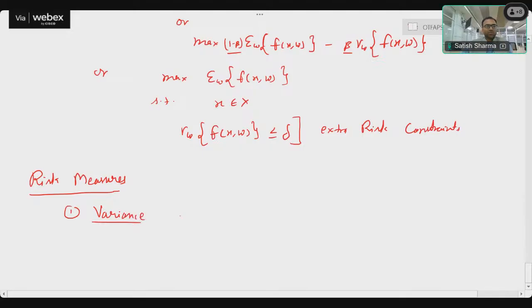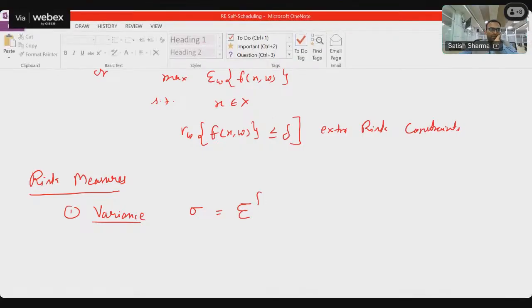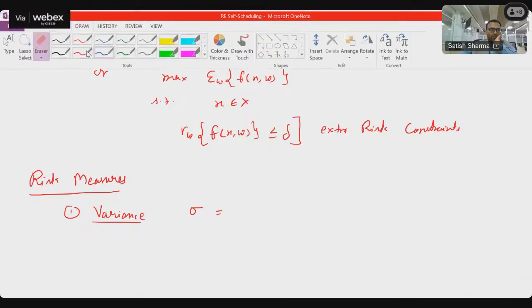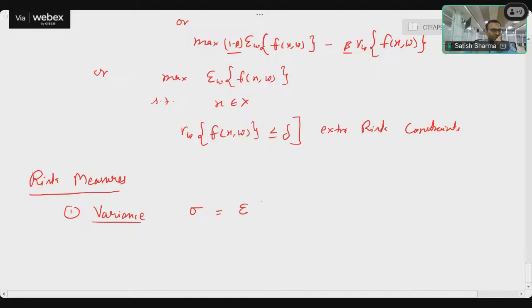The very first measure is variance, and sigma squared is basically the expectation of the mean value minus the summation of xi divided by n.